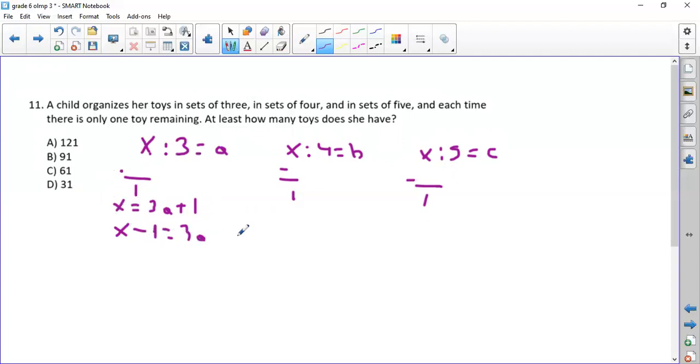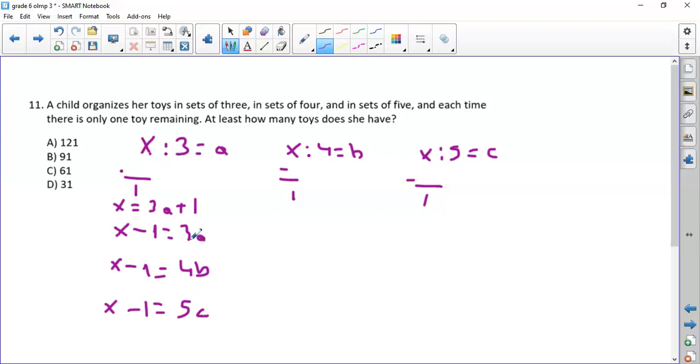From this equation here, I can write X minus 1 is equal to 4B. And from this one, I can write again X minus 1 is equal to 5C.